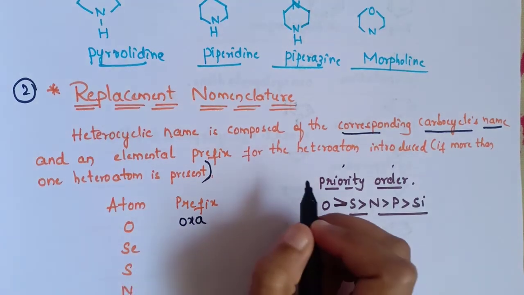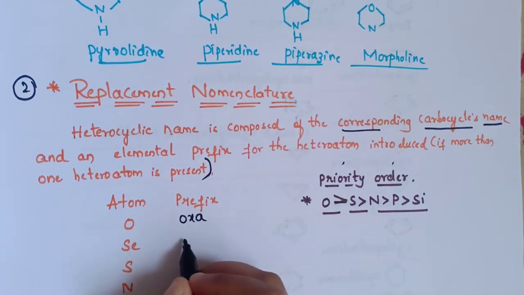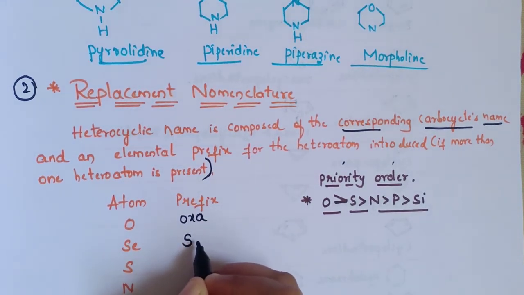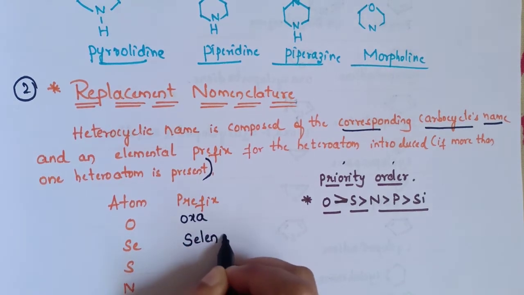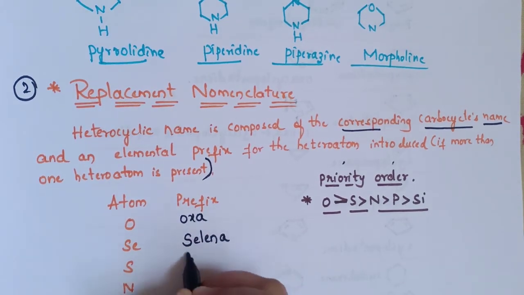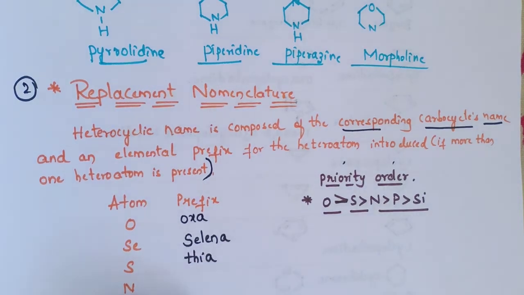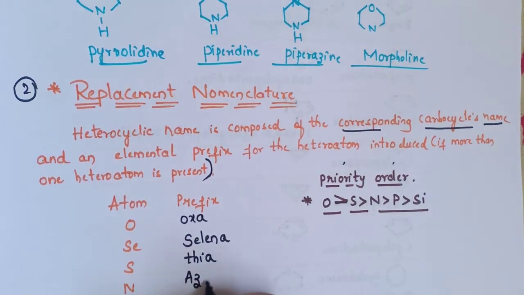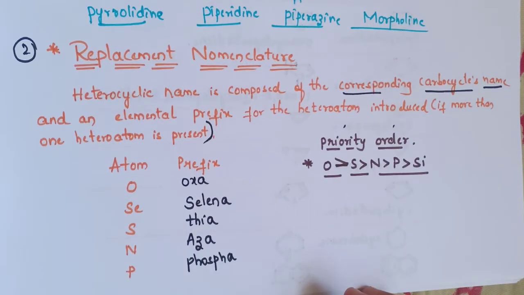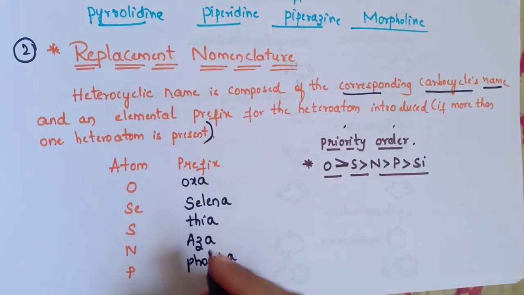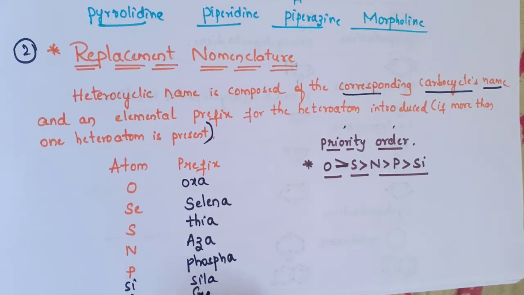For selenium, we call it selena. For sulfur, we call it thia, for nitrogen aza, and for phosphorus, phospha. For silicon we call it sila, and for germanium germa.